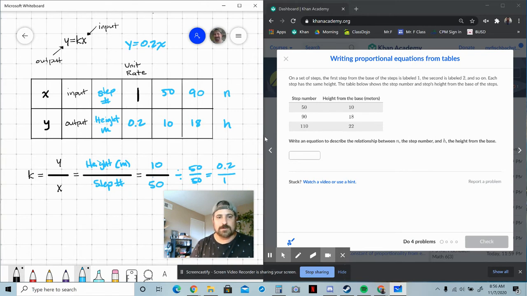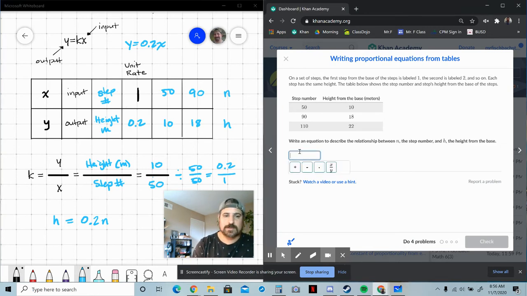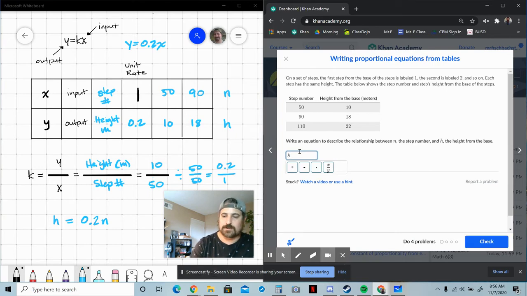So it's going to be 0.2 times the number of steps, and that's going to equal h, our height. We just replaced the x with n and the y with h. It's the same exact idea, input and output, they just changed the variables. So it's going to be h equals 0.2n. That's how we do it.